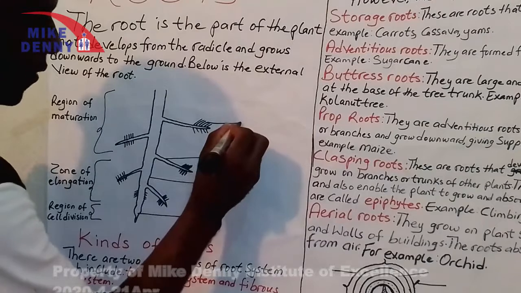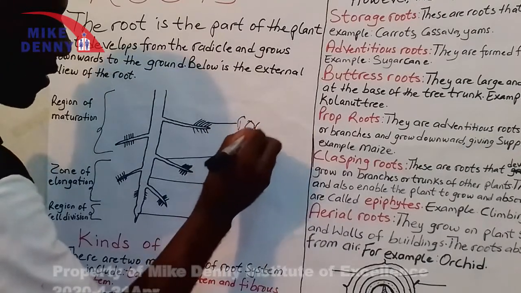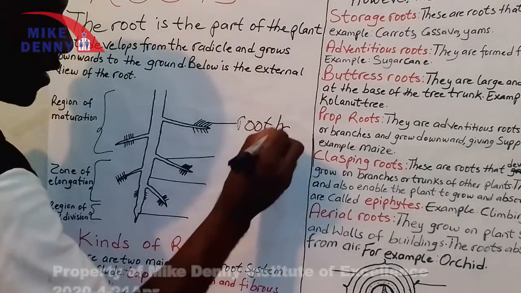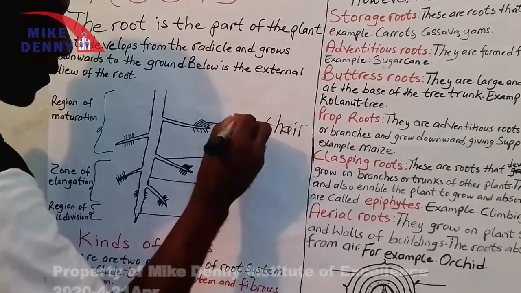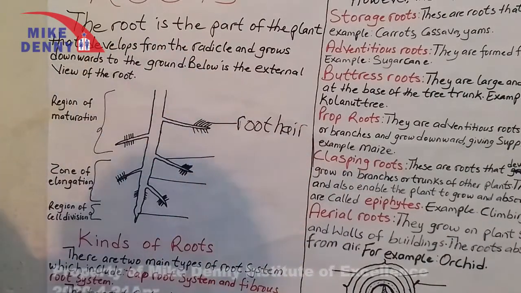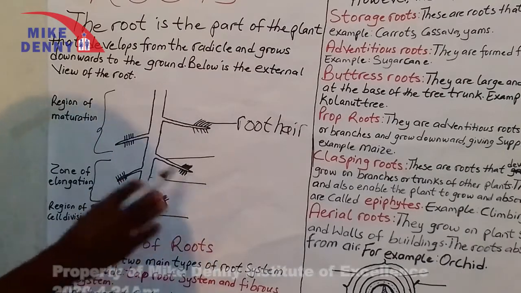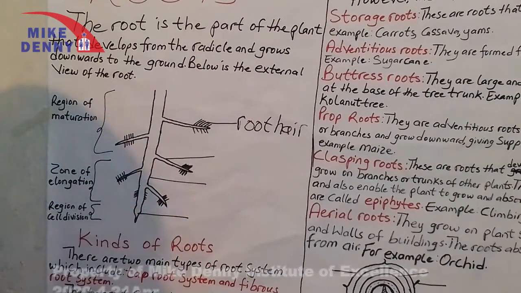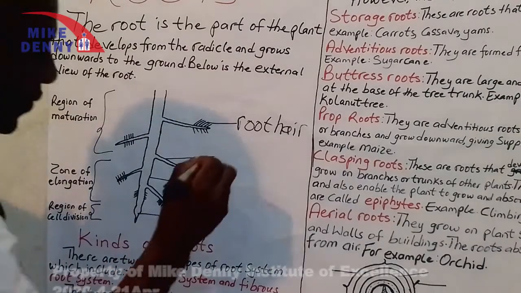So we write it there. Root hair. Then this other part that branches. She says lateral root.